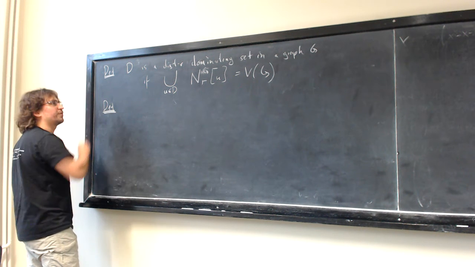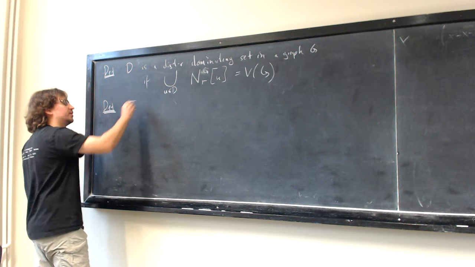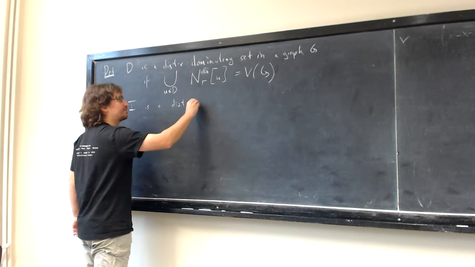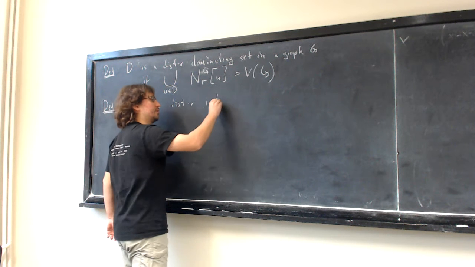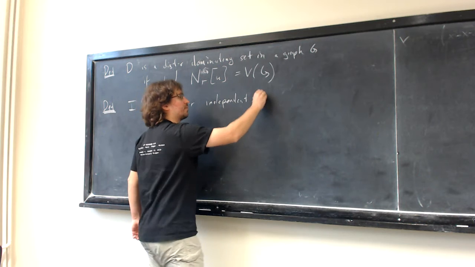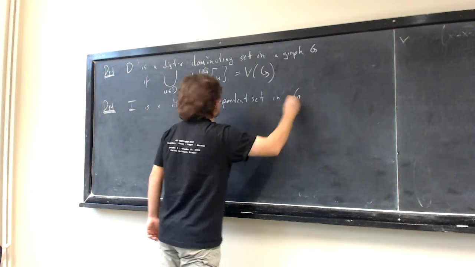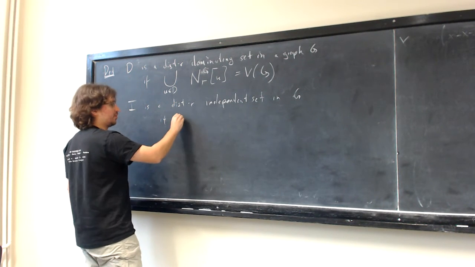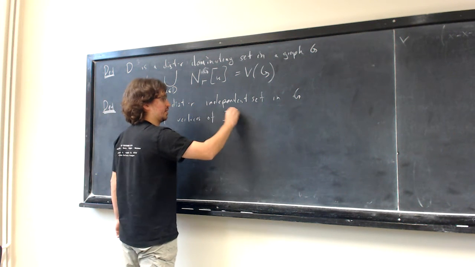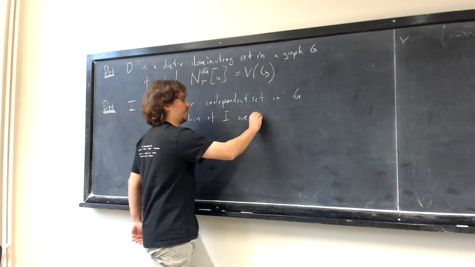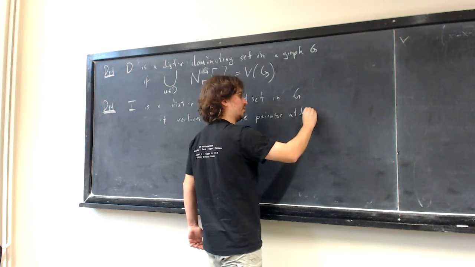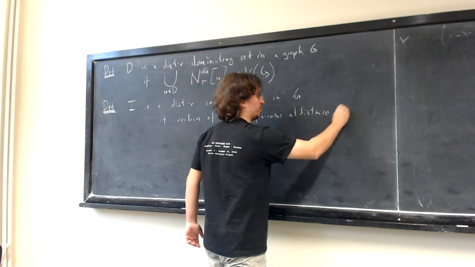And the second thing is the independence number, namely I is a distance R independent set in G if the vertices of I are pairwise at distance more than R. Yeah?